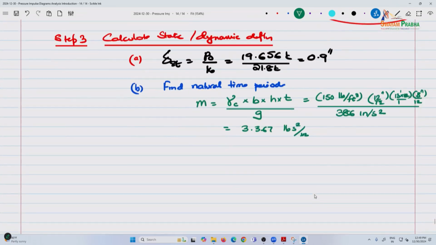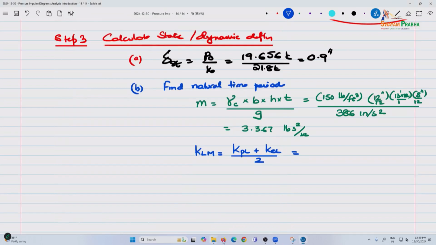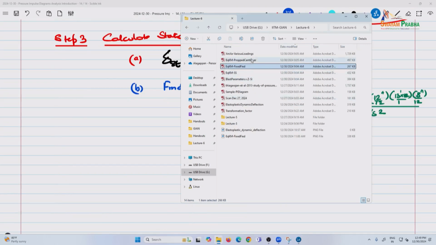Now here we use the equivalent mass. So here you can use K plastic plus K elastic by 2, and I had shown that equivalent mass, not this one, but equivalent mass for a propped cantilever, we are simply supported.